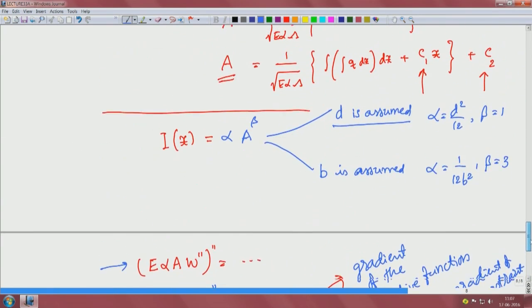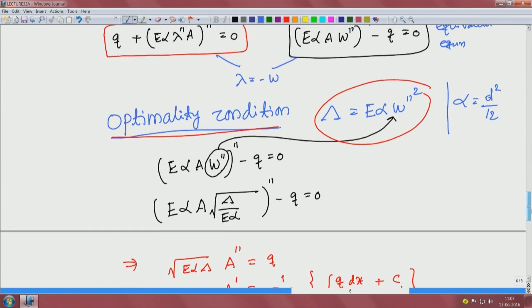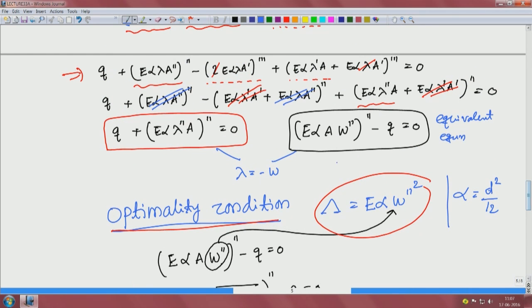Let us look at that equation again. If this is the equilibrium equation, we got this as the adjoint equation for solving the adjoint variable lambda. Here, the real loading is minus q, while here it turned out to be plus q, meaning that the loading is minus q.